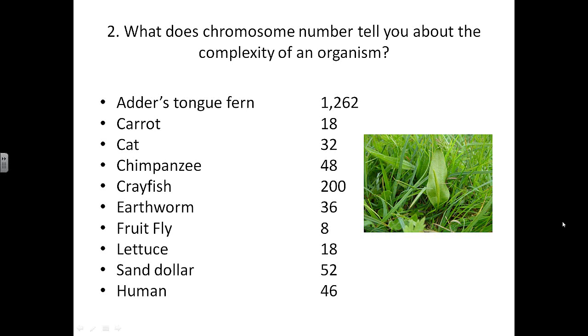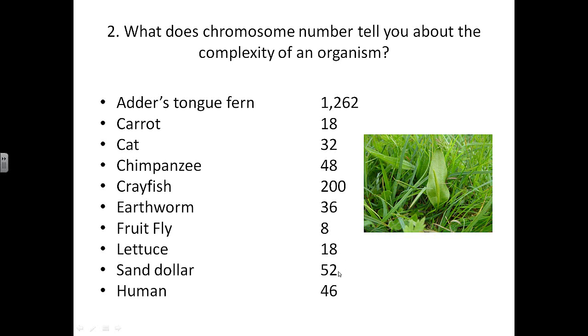Hopefully when I asked that question you kind of went, well, it doesn't look like anything, and you would be correct. There is no connection, write this down, no connection between the number of chromosomes something has and how complex it is. Yes, a fruit fly is simple and only has 8 chromosomes, but isn't a sand dollar very simple and it has 42?